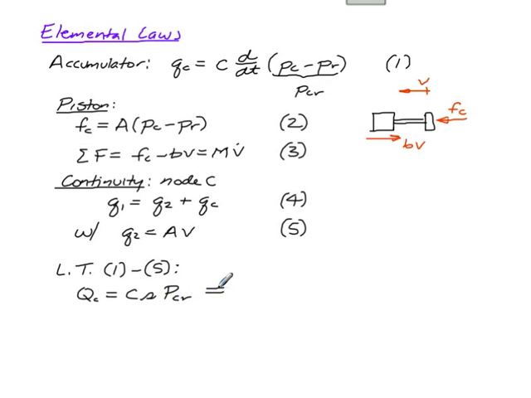So from this we see that PCR is equal to 1 over CS times the flow rate Laplace transformed into the accumulator. The Laplace transform of the force on the piston, that's just, again, the transform of equation 2, gives us A times the Laplace transform of PCR. So that's my equation 7.